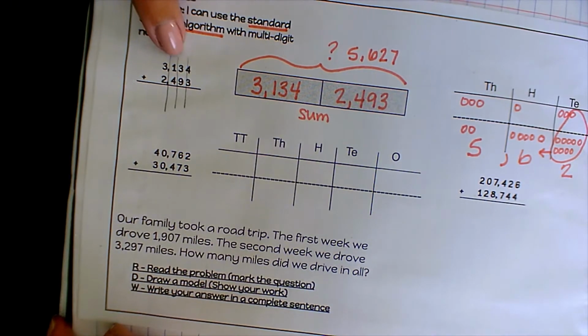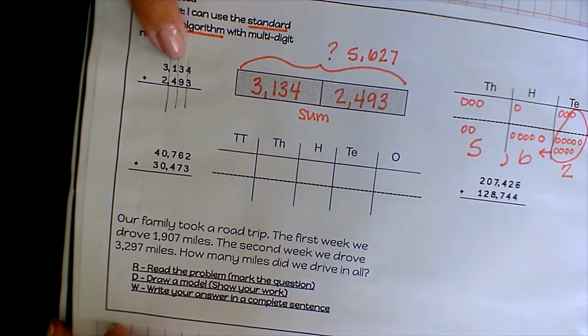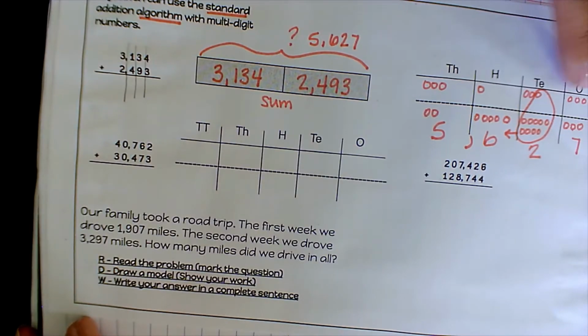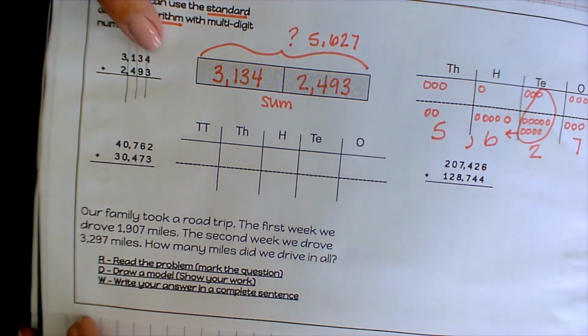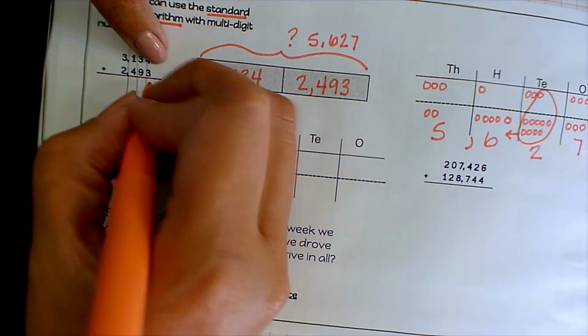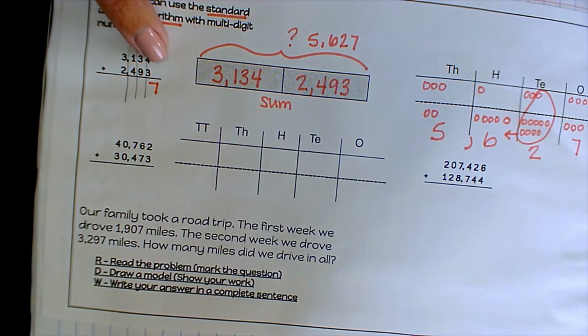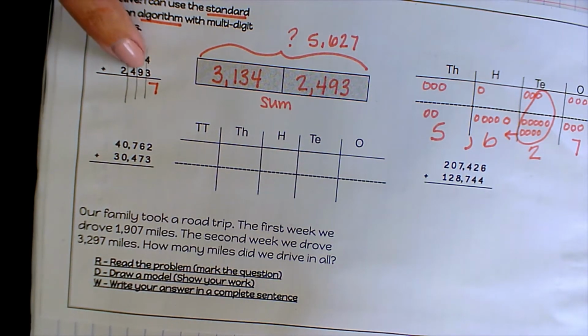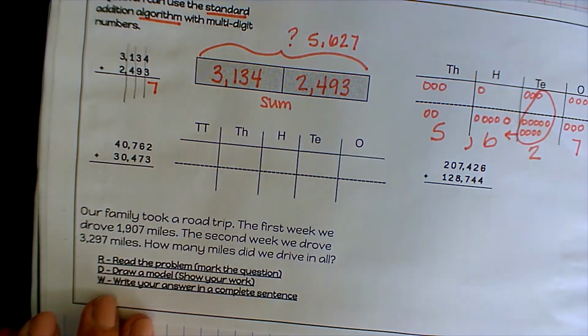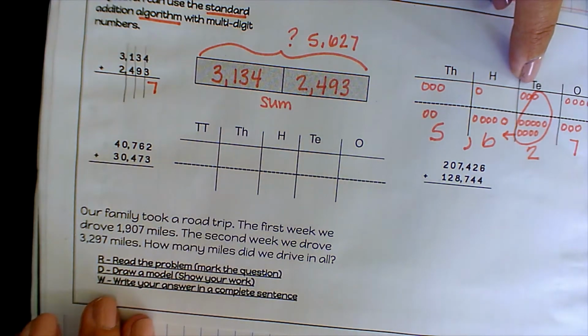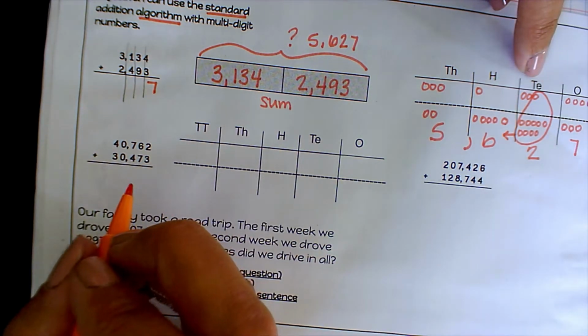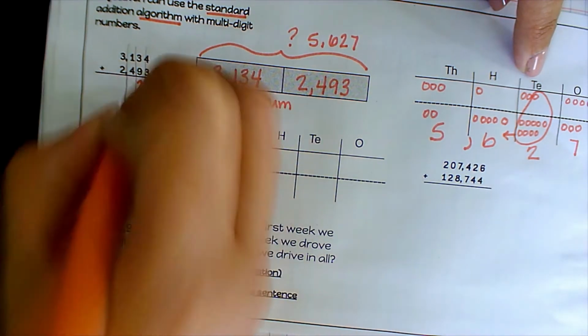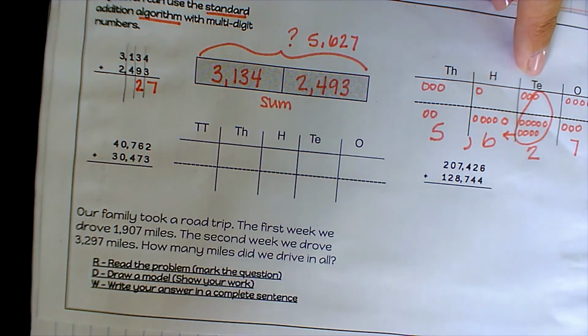Now we're kind of working this way again. Let's check out that standard algorithm one more time. So just like I did over here in my place value chart, I'm looking at how many ones. 4 ones plus 3 ones equals 7 ones. 3 tens plus 9 tens. Over here, I remember this is where I bundled, and I had 12. So when I bundled, I had 2 that were remaining in my tens, and my 1 was bundled and regrouped.